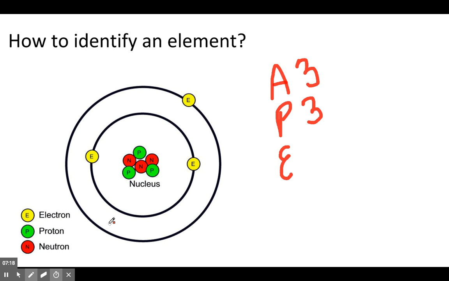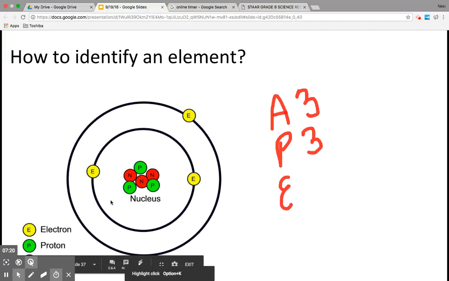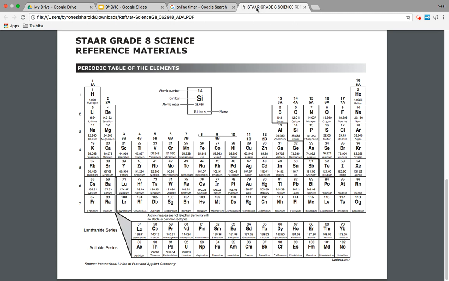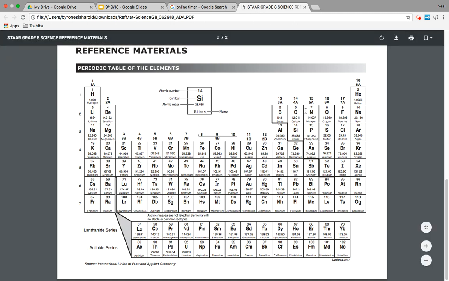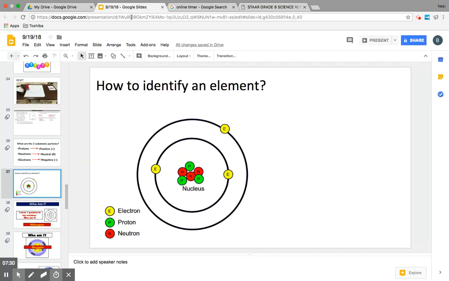All right, so this is where you have to go to your periodic table. Here is mine. Atomic number 3 is lithium. So this atom represents lithium.